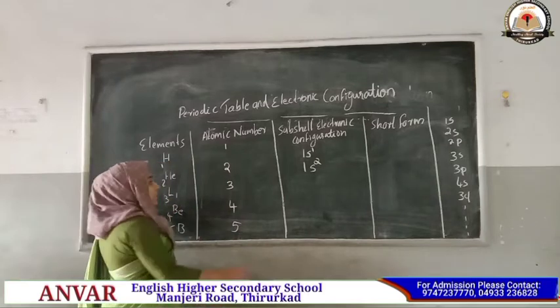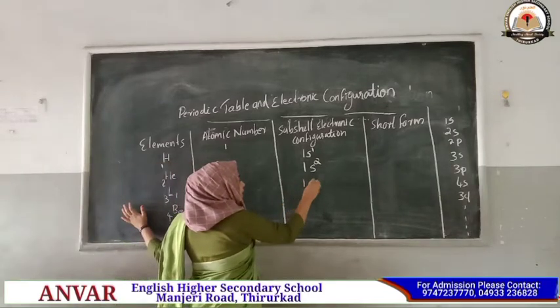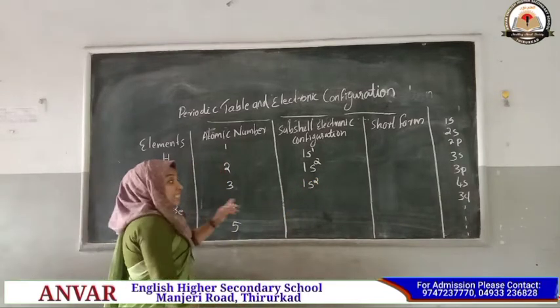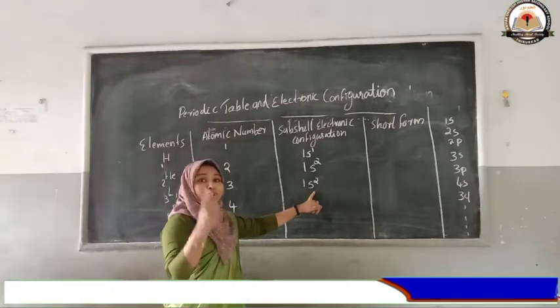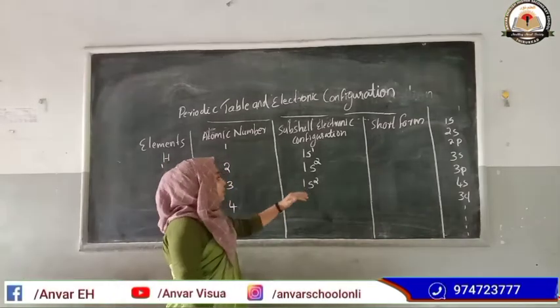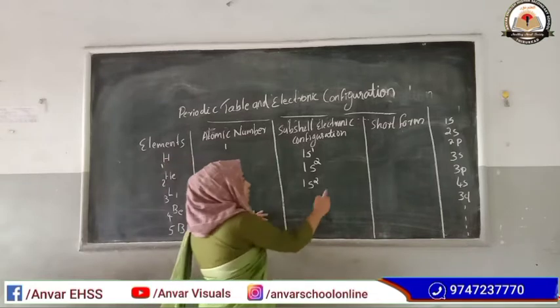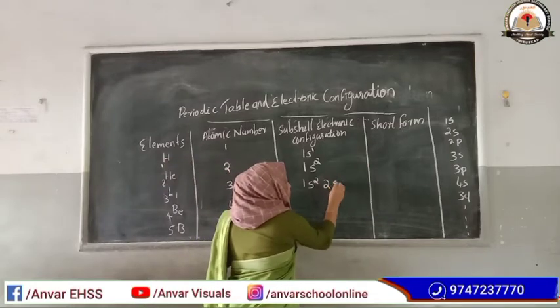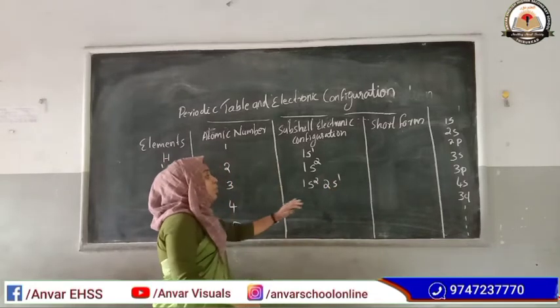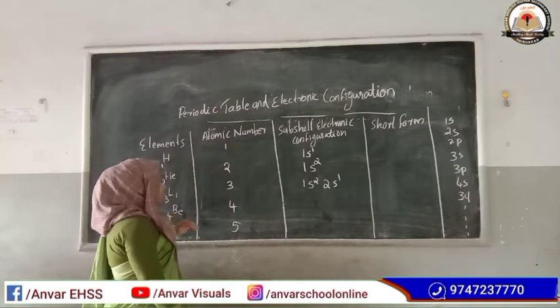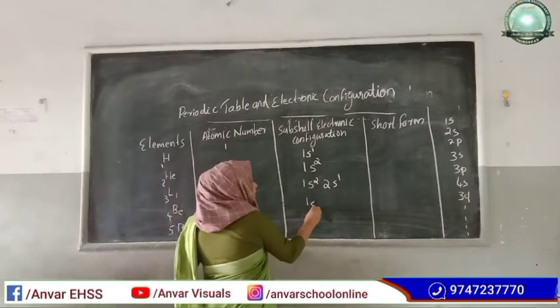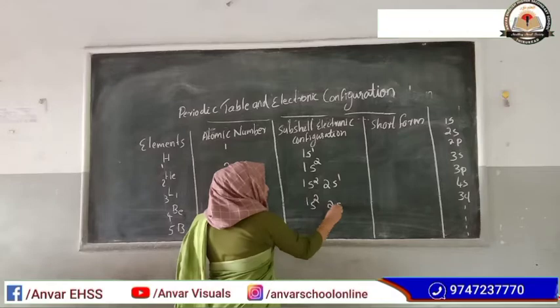In the case of lithium, 1s2. The s subshell contains a maximum of 2 electrons. So the remaining 1 electron enters 2s1: 1s2, 2s1. In the case of beryllium, 1s2, 2s2.